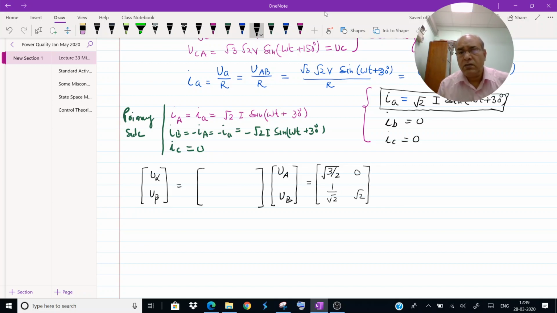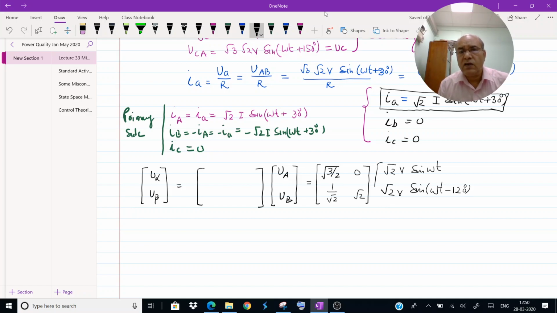And VA, you remember, is nothing but root 2 into V into sine omega t, the first one, and then we have root 2 into V into sine omega t minus 120 degree.